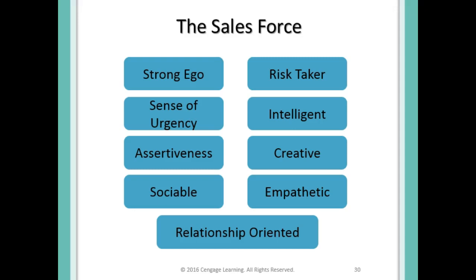Research shows that the strongest salespeople have some key characteristics that make them able to excel in sales. If you can find people with those characteristics, listed on this slide, you have a better chance of getting the right person for the job. Be aware of the key characteristics here that make salespeople excel in their profession.